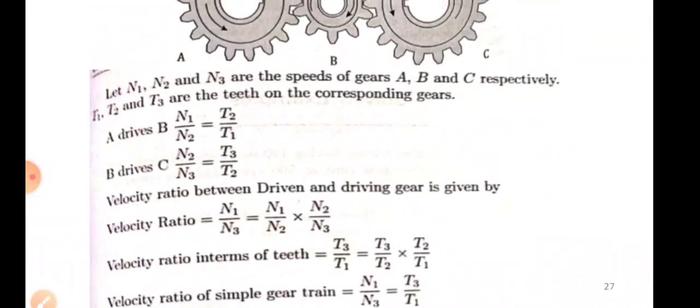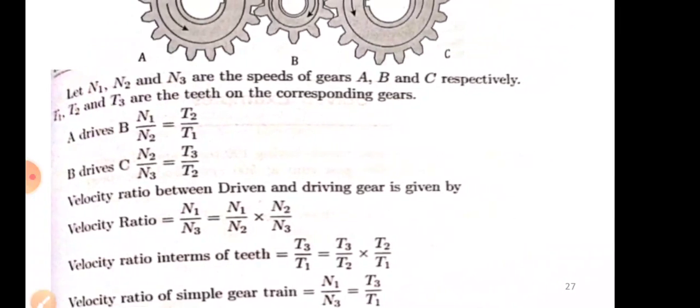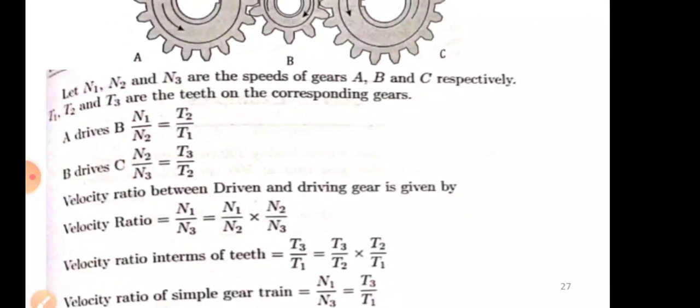In terms of number of teeth, T3 by T1 is equal to T2 by T1 into T3 by T2, or T3 by T2 into T2 by T1. So the velocity ratio of a simple gear train is n1 by n3 is equal to T3 by T1. Just remember this.